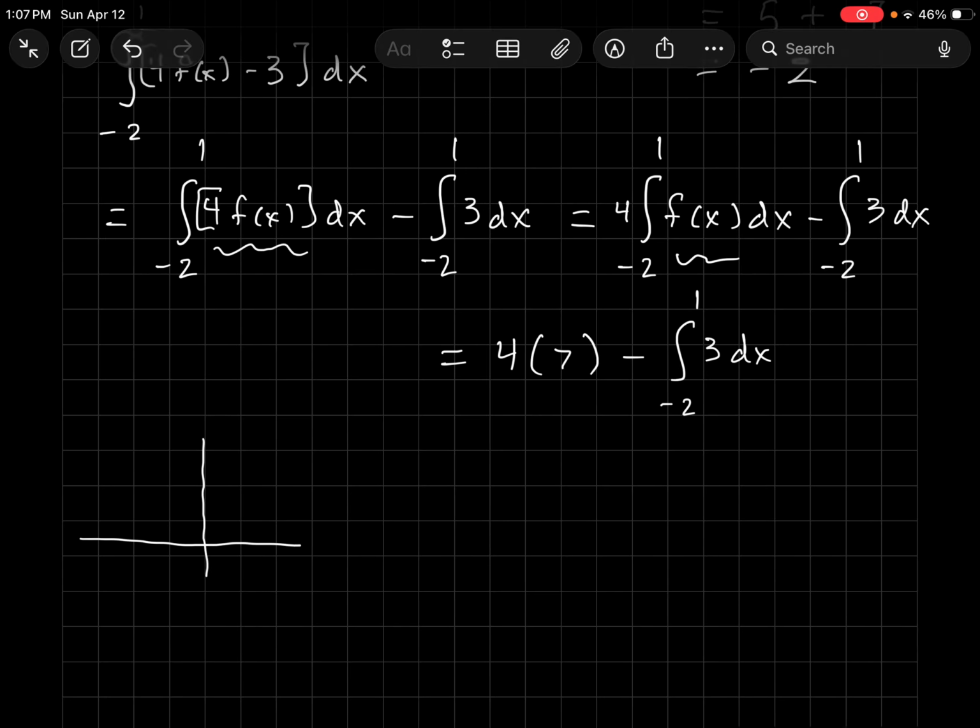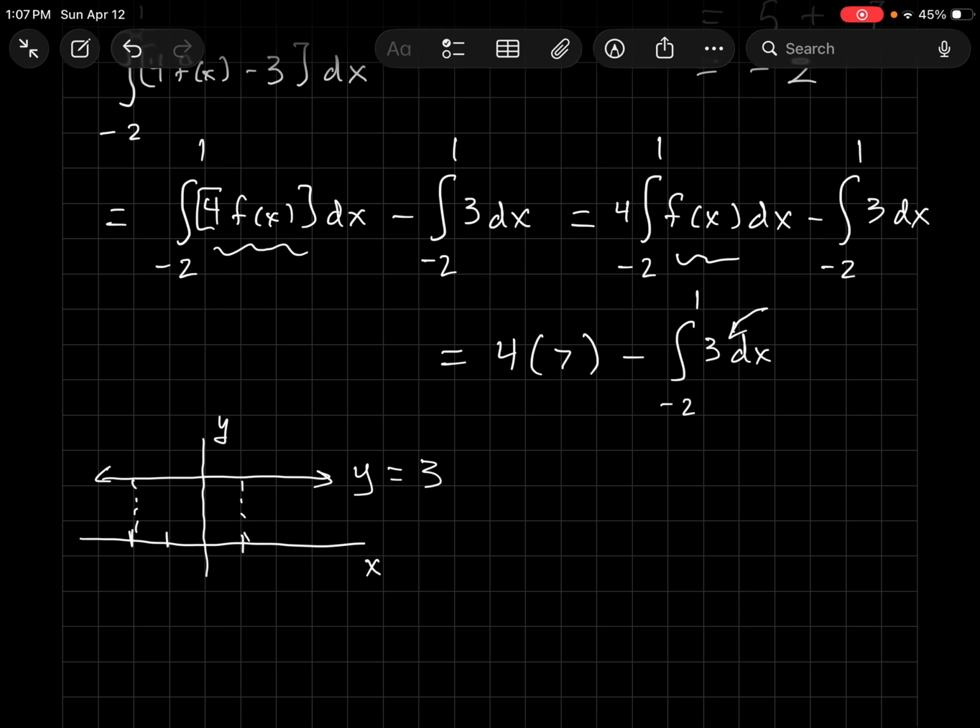I'm going to draw my axes. There's the x and y axis. And I'm going to draw the line y equals 3, because that's my function right here, f of x equals 3, on the interval negative 2 to 1.